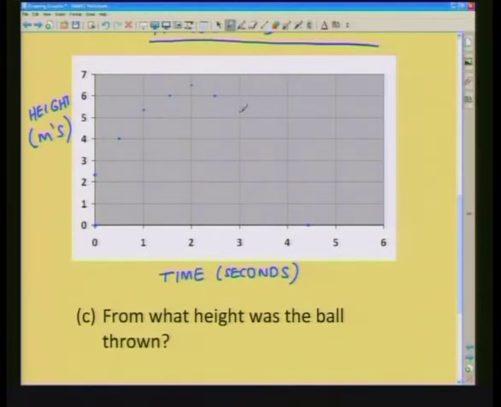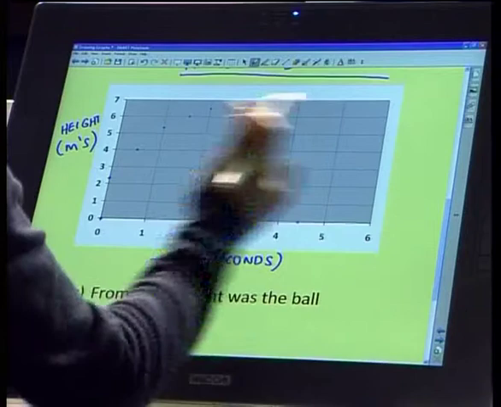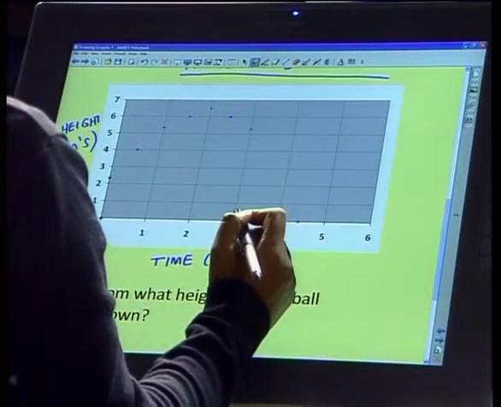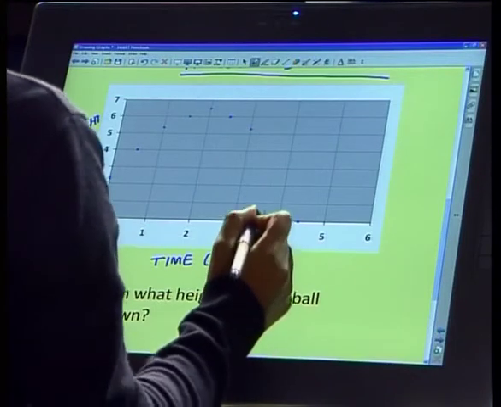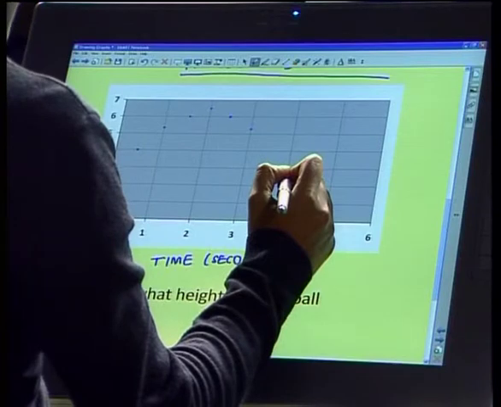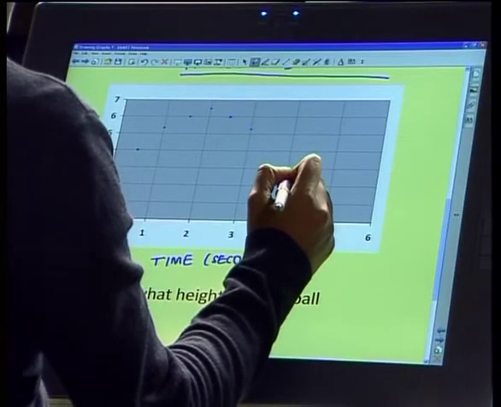So as you can see, these are symmetrical points. This pattern is reflective. As they say in science, the time taken to go up is equal to the time taken to go down. That's exactly what's being reflected here. And at 4 seconds, we've got a height of 2.25.